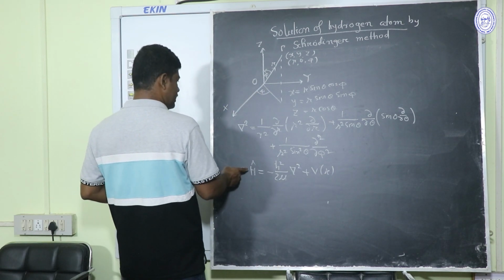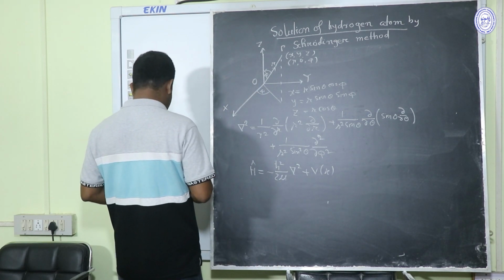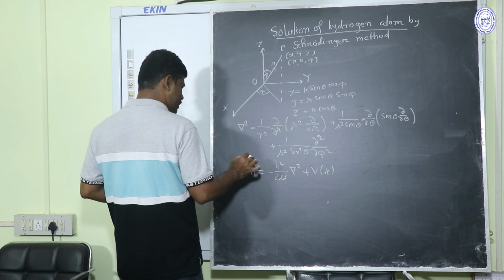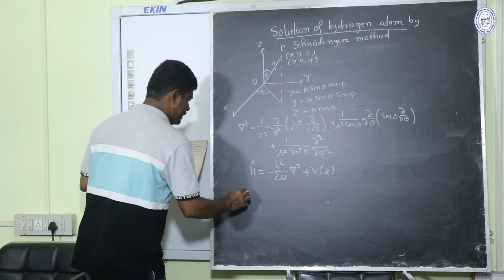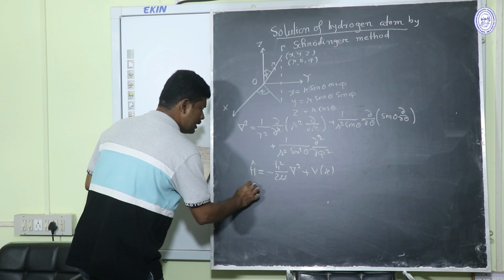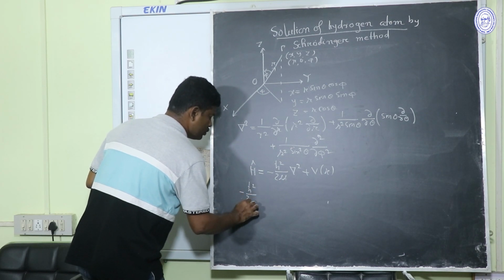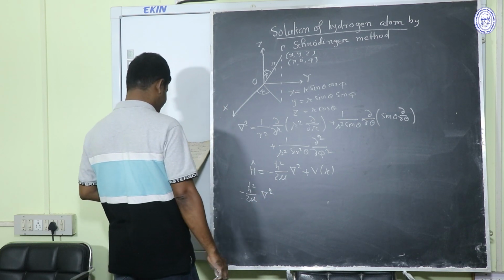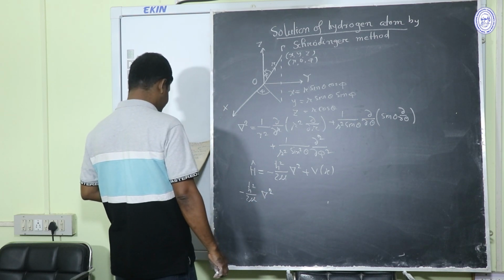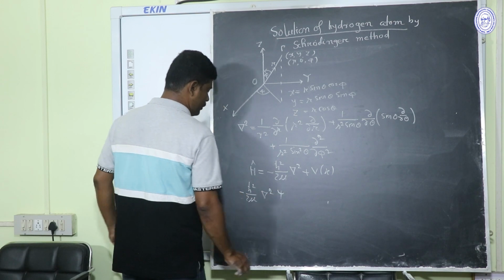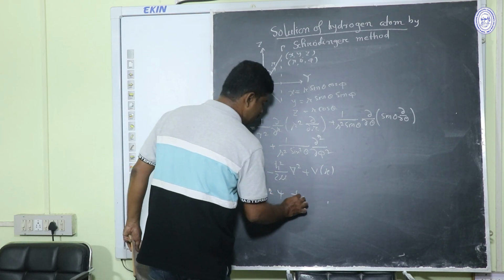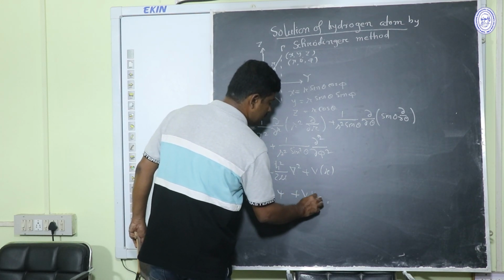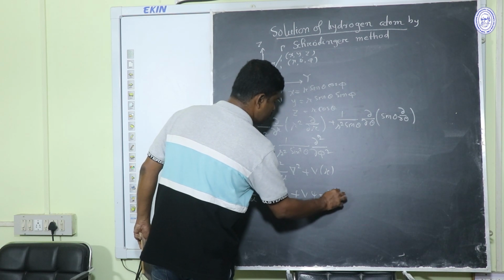So using this expression, we can write the Schrodinger equation for the electron like this: minus h bar square by 2 mu Laplacian operator psi plus potential V psi is equal to E psi.